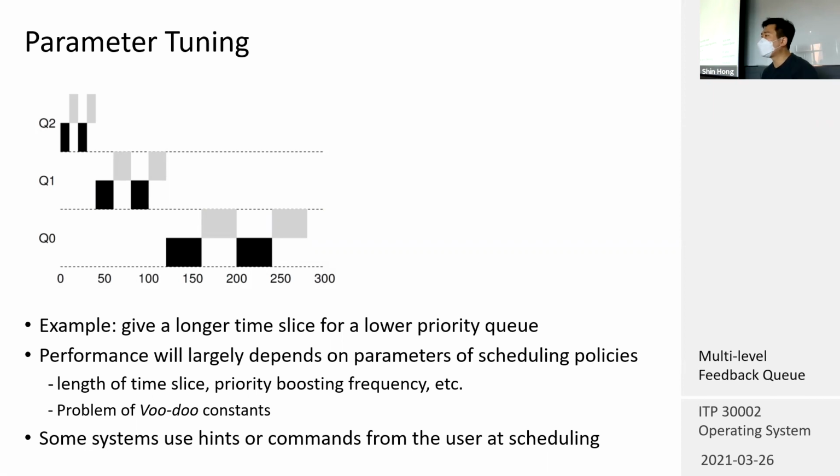All those parameters, how can we get them? We have no idea. It depends largely on the system and on the characteristics of the workload, and the administrator needs to find those parameters. If it is well tuned, the overall system performance will be good, but we have no real idea how to find these parameters automatically. That is the limitation of MLFQ.